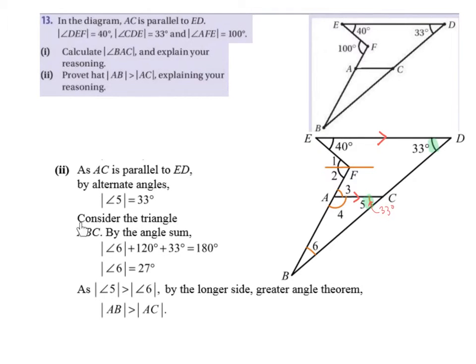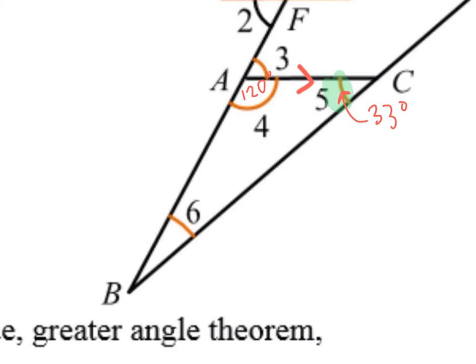Now consider the triangle ABC. By the angle sum, angle 6 plus 120 plus 33 is equal to 180 degrees. Remember, we got angle 4 to be 120 degrees in part 1. So 120 plus 33 plus angle 6 will give us 180 degrees.